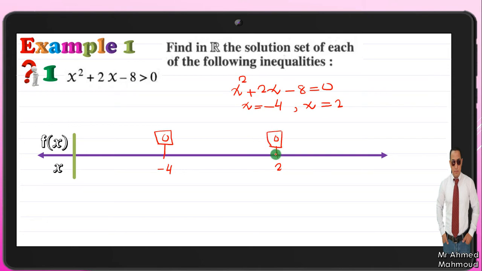Remember with me, this is a quadratic equation. The quadratic equation, the middle part included the opposite of x power of 2. x power of 2 here is positive, so outside we have the positive sign.